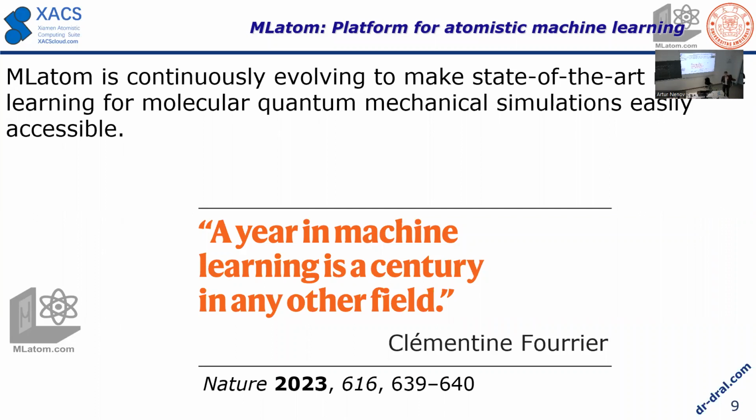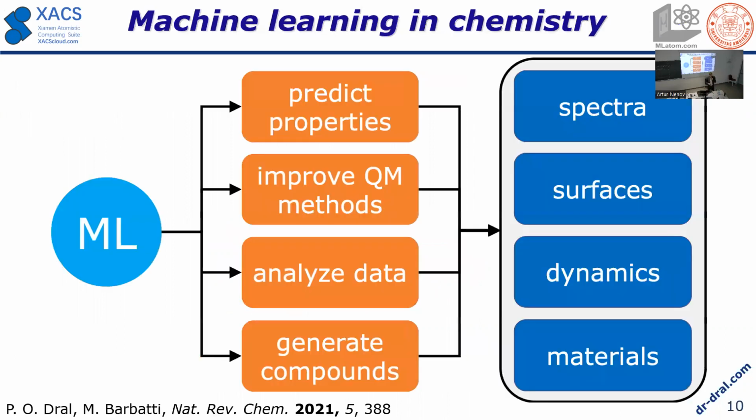Maybe a bit of exaggeration, especially for quantum chemistry, but it reflects how fast the field is developing. So something you may have heard in some talks like 2 years ago is maybe outdated right now. That really reflects the high pace, and that's why our program also tries to follow this high pace.